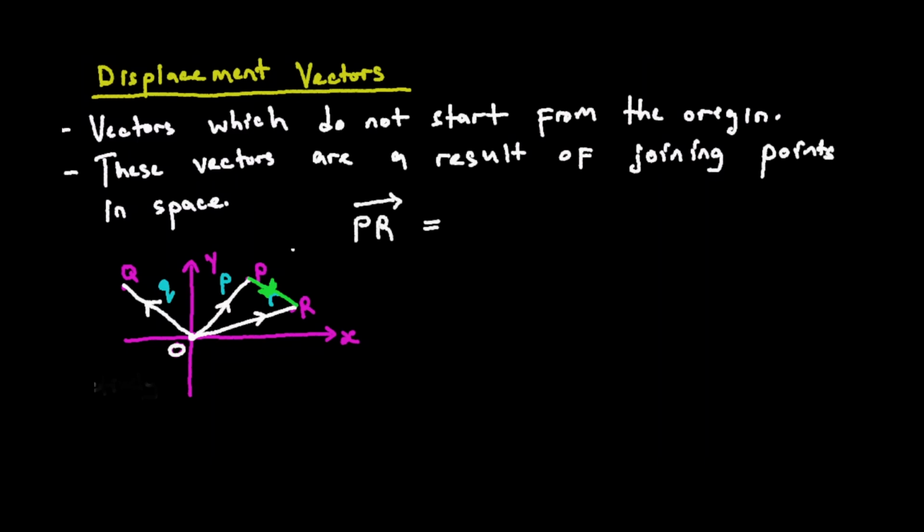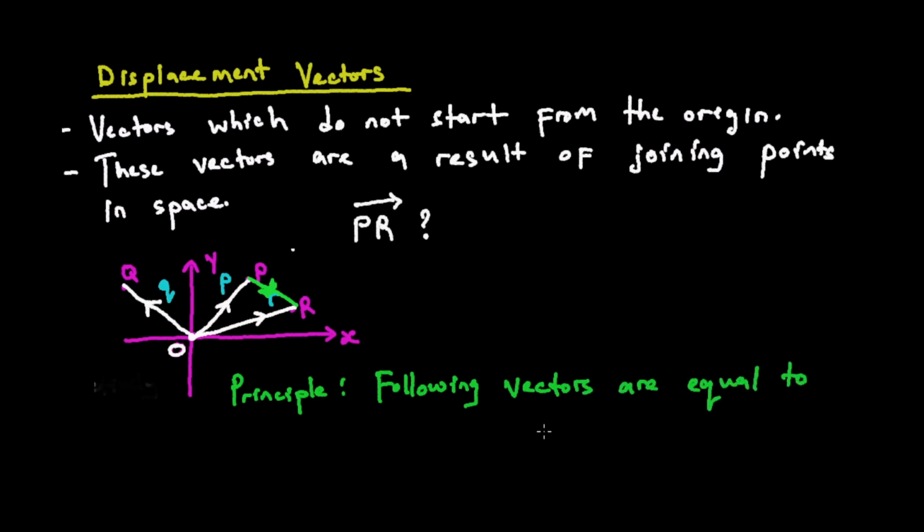If you want to know what PR is, the central principle you should work with says, this is the principle I use, following vectors are equal to the opposing vector. What do I mean by this?